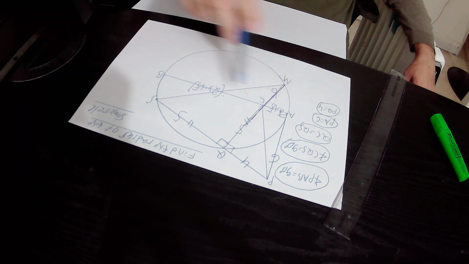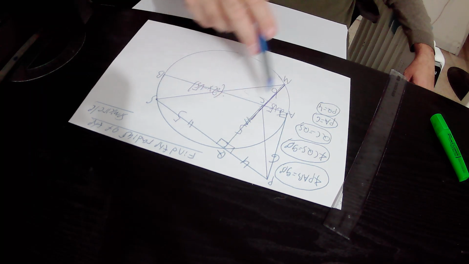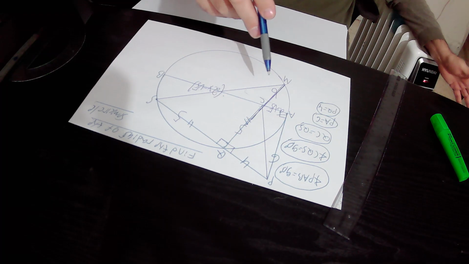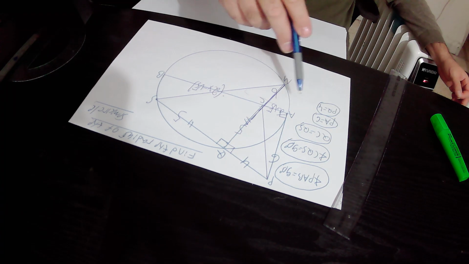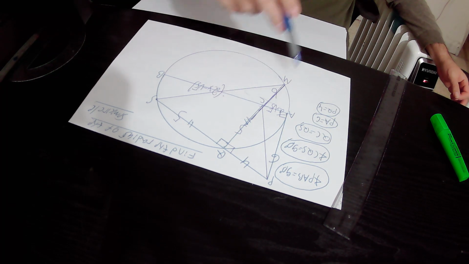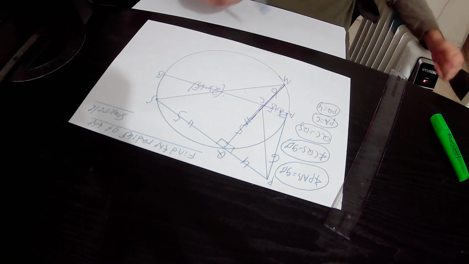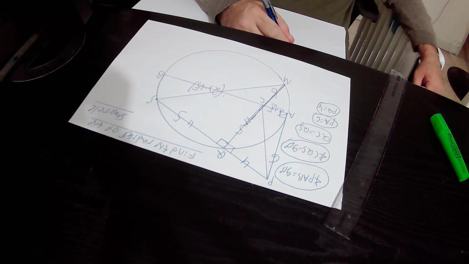Now drawing chord AB intersects with chord QM at point C. Point C is the intersection point of chord AB with chord QM. Therefore, we can implement rule number 11.